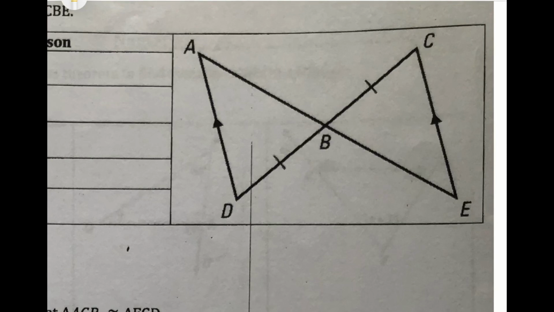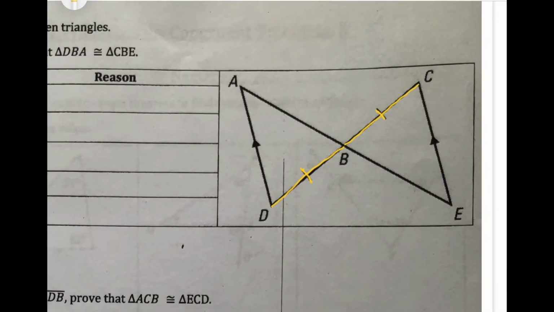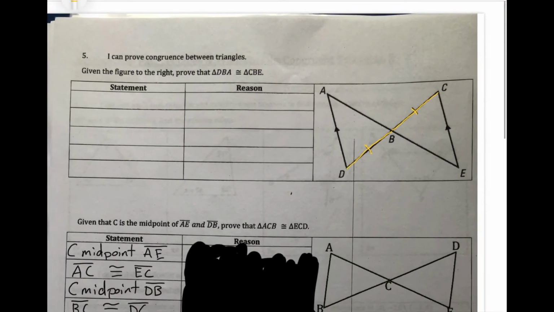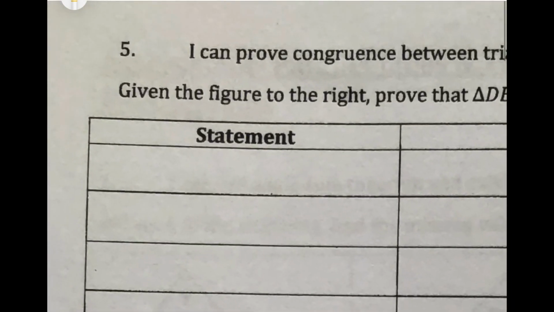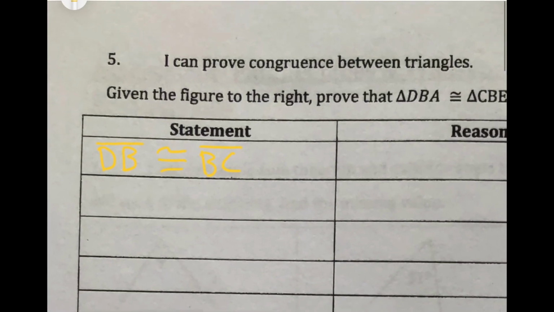We are given that line DB and line CB are congruent, and we know that by our little tick marks. So this information is given, so we're going to write this down. So statement line DB is congruent to line BC, and it is given.